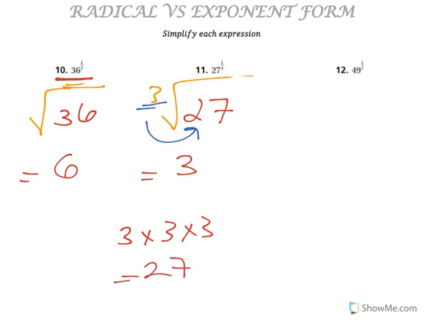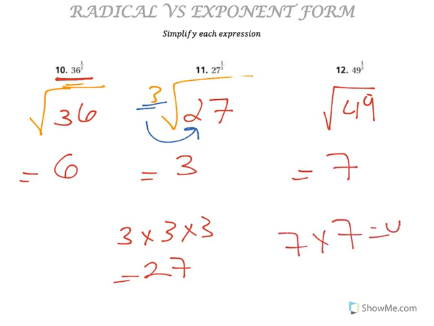The next question, 49 to the power half. The same idea, so it's just like root 49. So what number you multiply by itself, you get 49, and the answer will be 7, because 7 times 7 is 49. And that's how you solve normal roots like this.